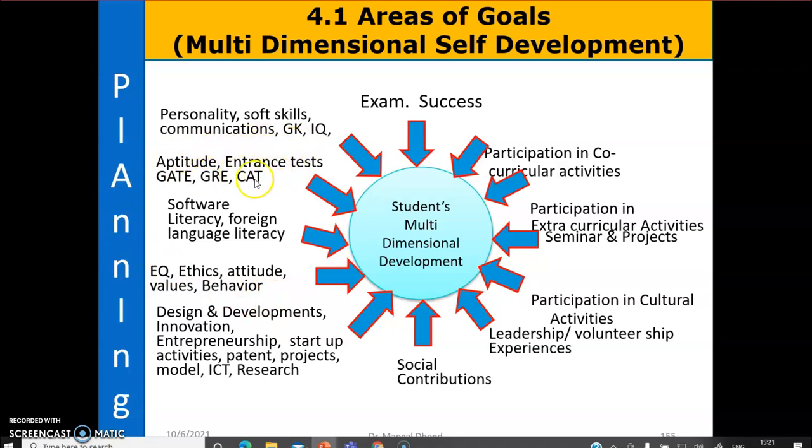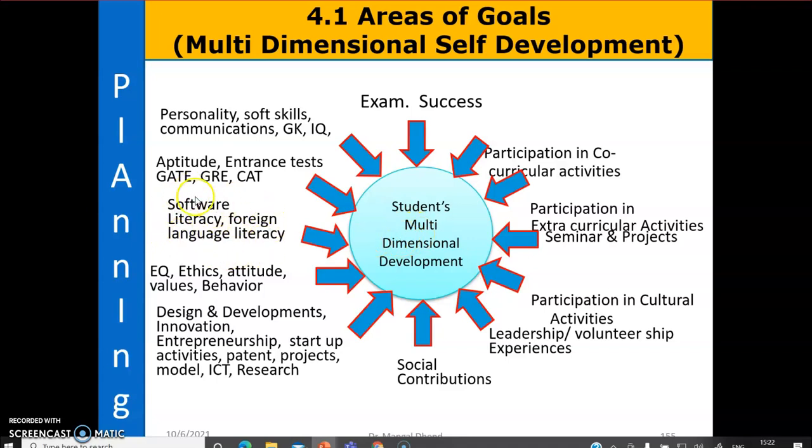See, the entrance tests: GATE, GRE, CAT. If you are interested in an MBA or MS abroad, you have to plan right now. Second year is a very important stage. If you are in second or third year, see how many semesters are remaining, and according to that you can plan all the semesters.